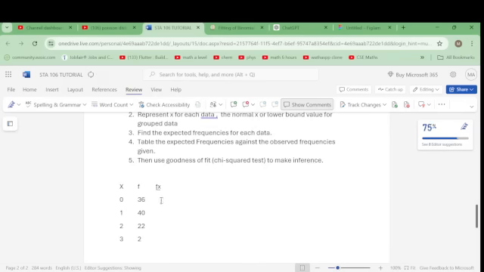So 0 times 36 is what? 0. 1 times 40 is what? 40. 2 times 22 is 44. And then 3 times 2 is what? 6. So what next do we need?